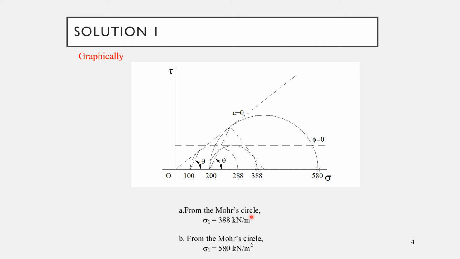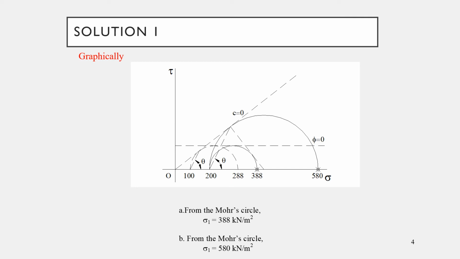So you will get sigma 1 for cohesive soil equal to 388 kilonewton per meter square. For sigma 1 on cohesionless soil, you will get 580 kilonewton per meter square. So this is the full answer and also the solution based on the graphical solutions for the first equations.